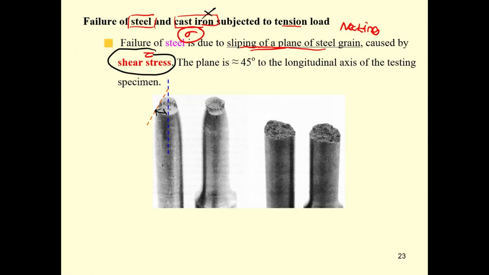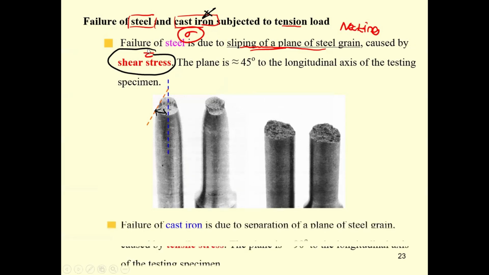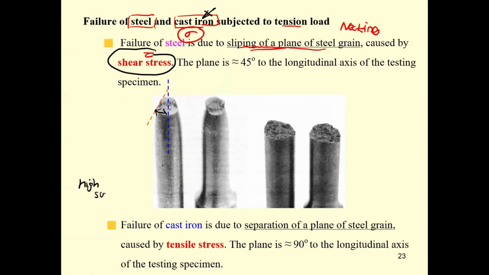However, for the cast iron, carbon is added into the steel to make the cast iron. This makes the cast iron have high surface stiffness so it can be used, for example, for the railway. Then, when the cast iron is subjected to the normal stress, it has micro cracks between steel and carbon.